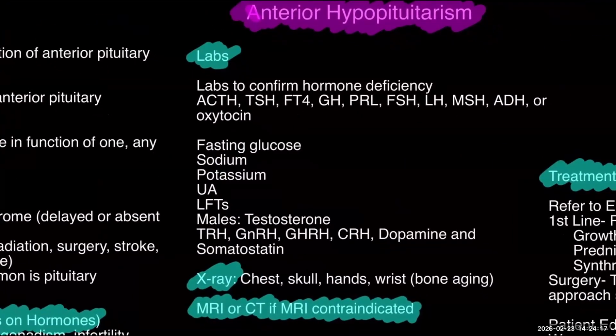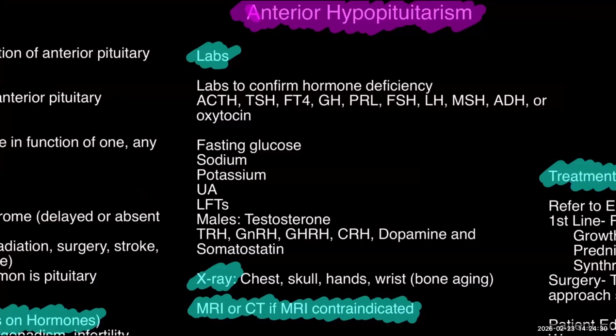Labs. You have to do it all to find out which hormones are deficient. We have to check all the pituitary hormones, the anterior and the posterior side as well. So on the posterior side, we have to bring in ADH and oxytocin. We want to check glucose, sodium, and potassium.